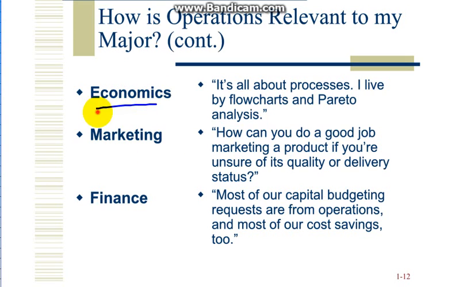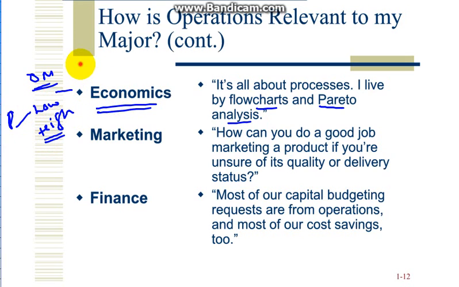Operations economics is also required. As far as Pareto analysis and flowcharts are considered, economics also comes as a part of operations management. They need to understand when the product needs to come into the market, so that the pricing is low or high, how the product can make more money, and when to purchase the raw materials.